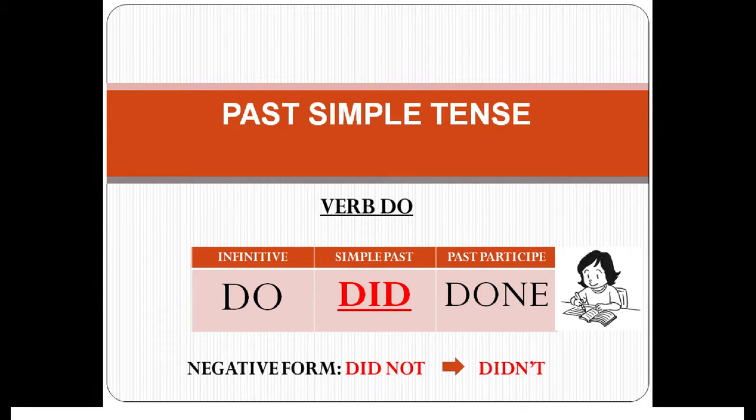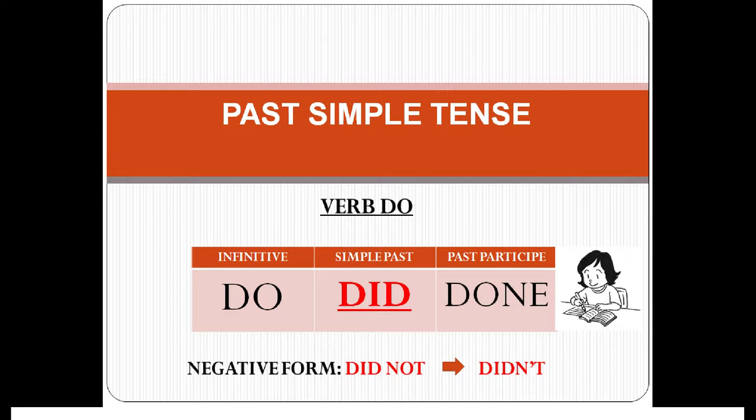I'm sure you're wondering what the word did means, and now I will explain it to you. The list of irregular verbs has 3 columns. First is infinitive form or basic form of the verb. Second is past simple form, which is used for past simple tense. And third is past participle.